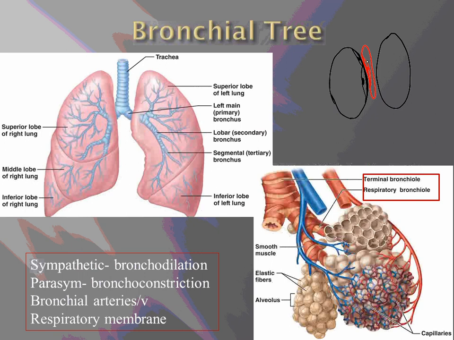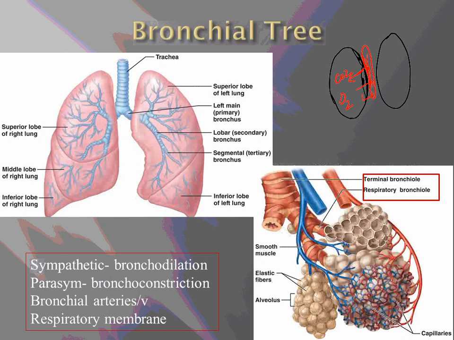Remember simple squamous epithelium? So now gas has to pass from here through this, and go in here. CO2 comes towards the alveolus, and oxygen from the alveolus will pass out through the same thing and go through here. So this area is what will form the respiratory membrane, right?